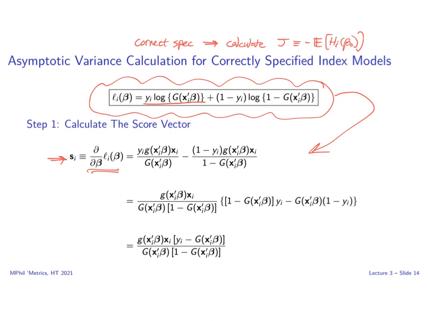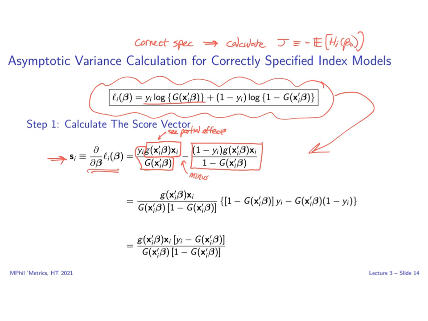This gives us yi multiplied by 1 over g of x prime beta, and we're using the chain rule here. Then we have to differentiate g of x prime beta with respect to beta. We've done this already in the lecture when calculating partial effects, so we know that the result there is little g of x prime beta times x. Almost the same exact calculation for the next term, although here we've got to keep track of the minus 1.